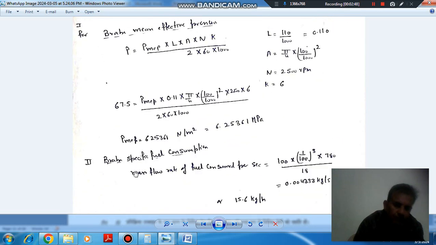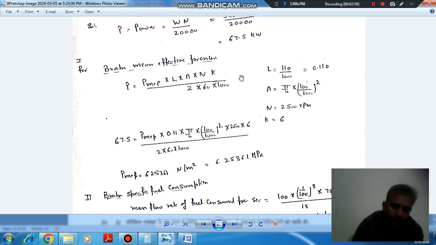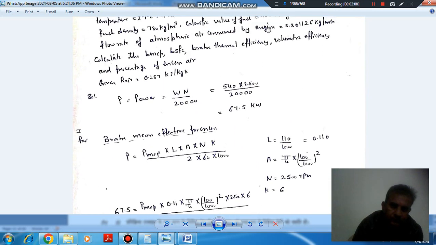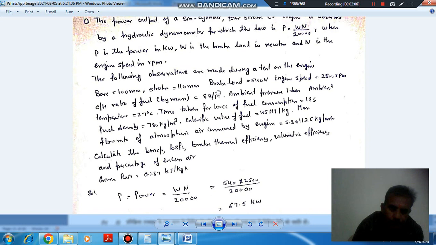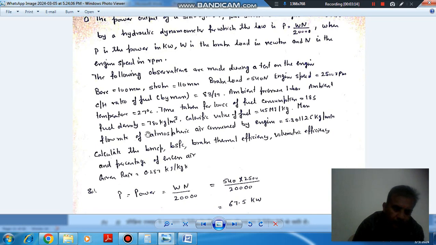So brake specific fuel consumption would be calculated if we know the mass flow rate of fuel consumed per hour. So the mass flow rate of fuel consumed per second can be calculated because 100 cc of fuel is consumed in 18 seconds and density of fuel is 780.